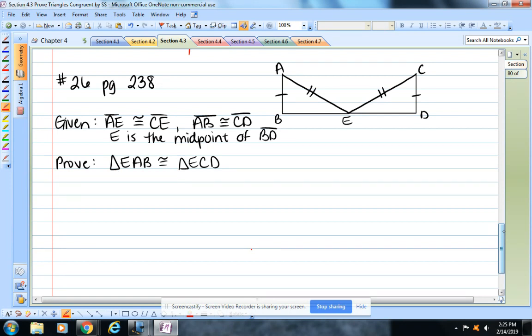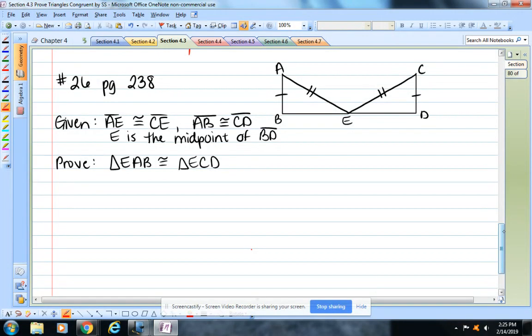Okay. This one actually is one out of the problem set of the book. It's number 26. We're going to do it together. All right? Slightly different. We're actually not using the reflexive property on this one. Draw the picture, though.